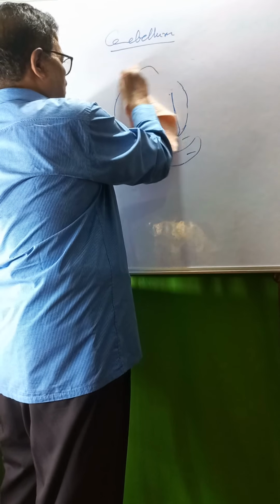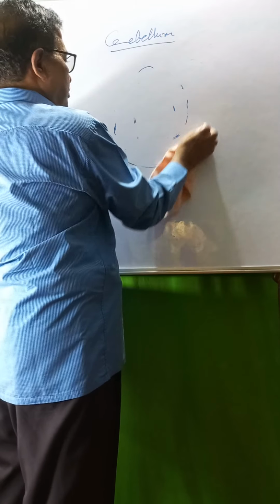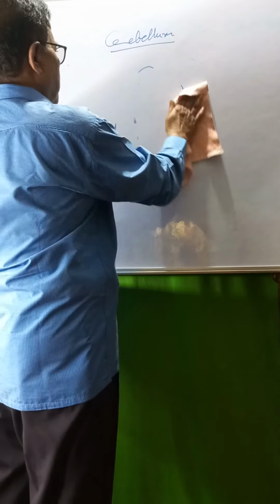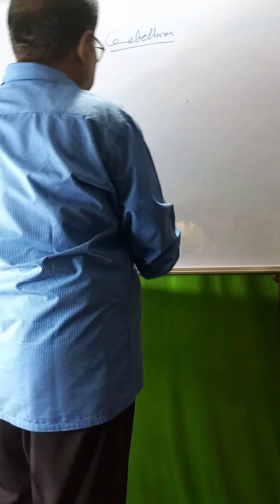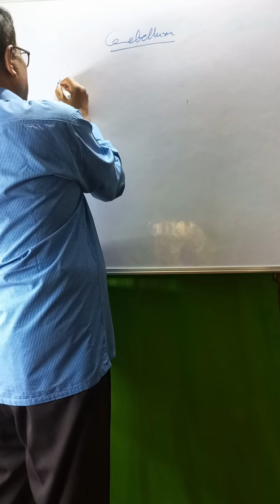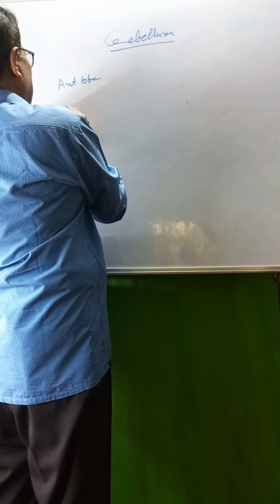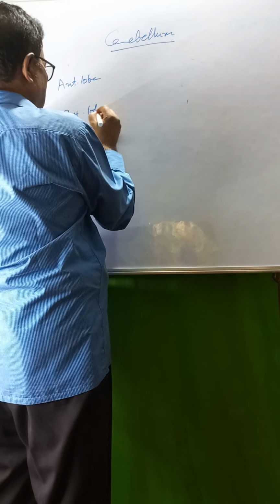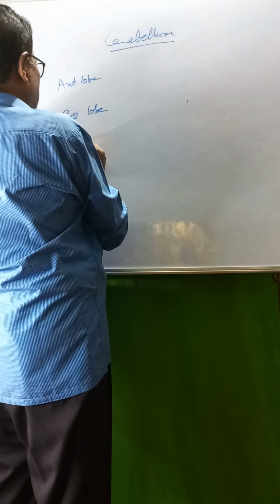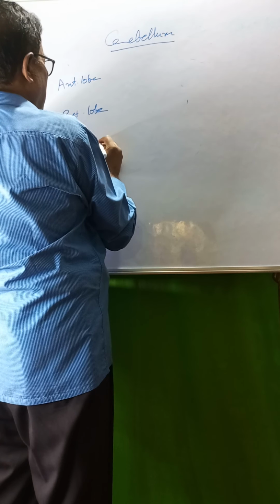This is the cerebellum. Now, parts of cerebellum. We know anterior lobe, posterior lobe, and flocculonodular lobe.